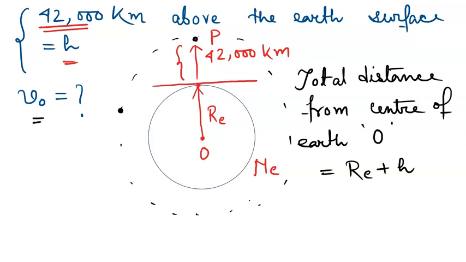So the satellite is at point P like this, and it is moving in this circular orbit. At each and every point its direction will change.